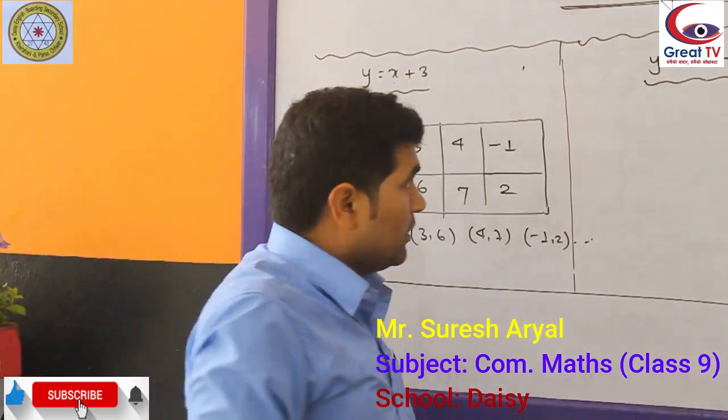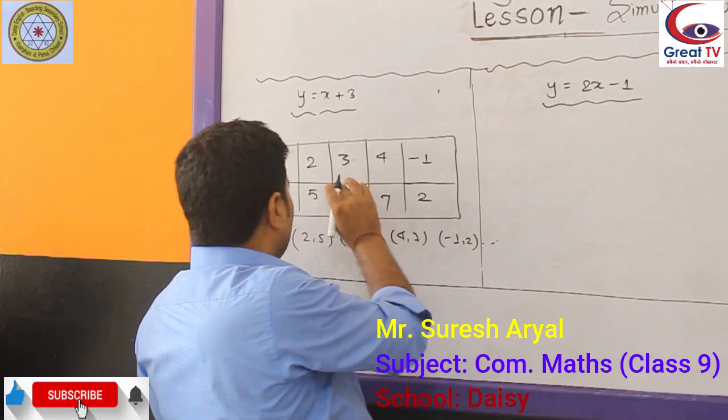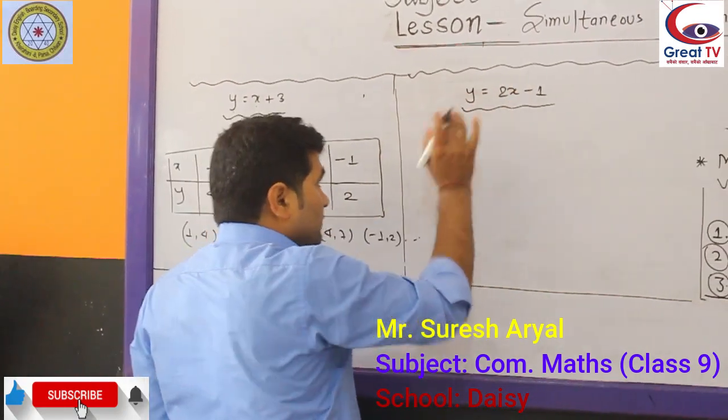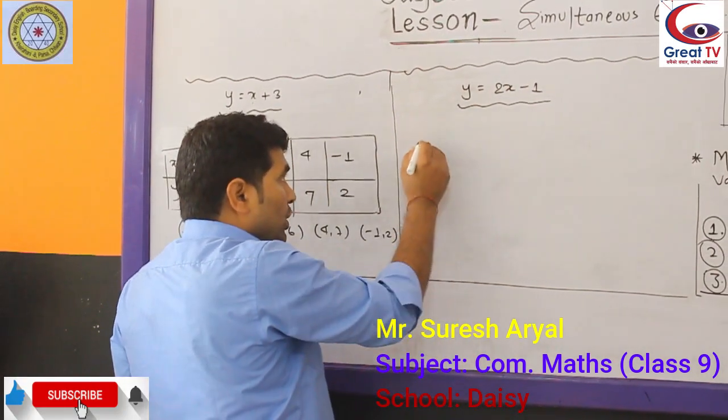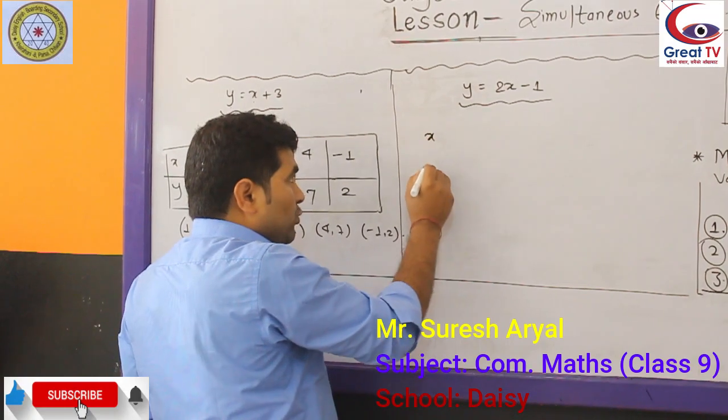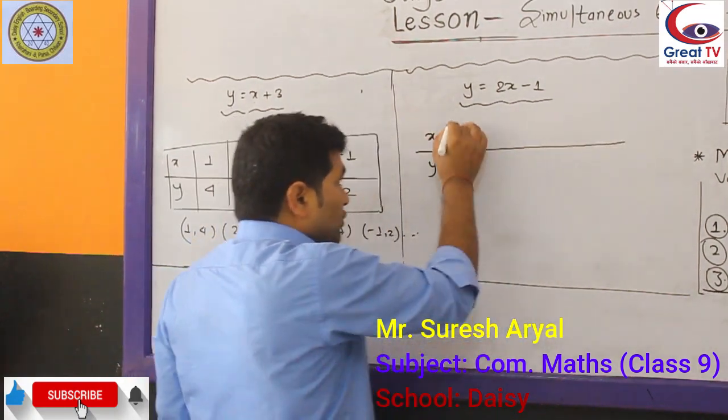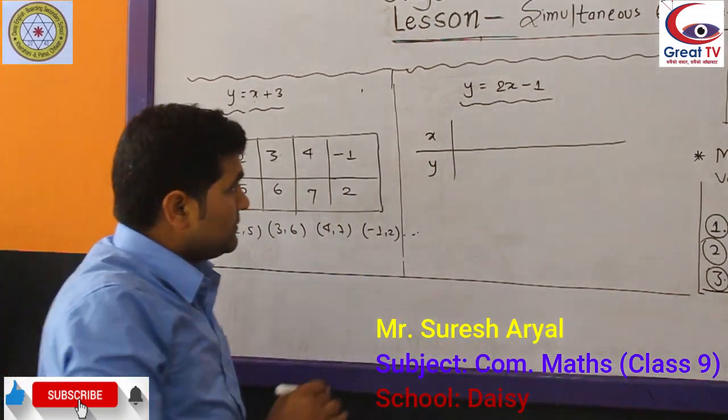Similarly, now I'm going to find the pairs of solution of the second equation. Also x and y, two variables, so the equation is a linear equation with two variables.